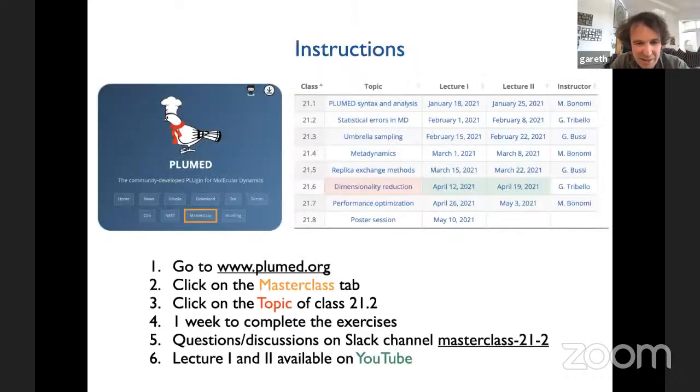So as always, the exercises are in the same place as they always are. You go to the Plumed website, go to Masterclass, click on the topic of class 21.6, it should be, which is dimensionality reduction, as shown there. Questions and discussions should be available in the Slack channel Masterclass 21.6, obviously.